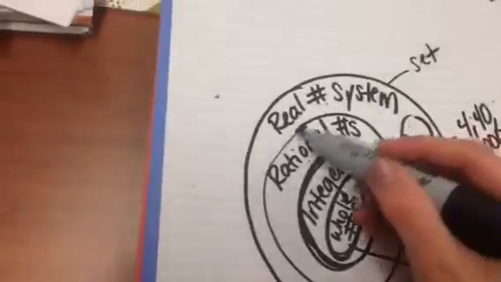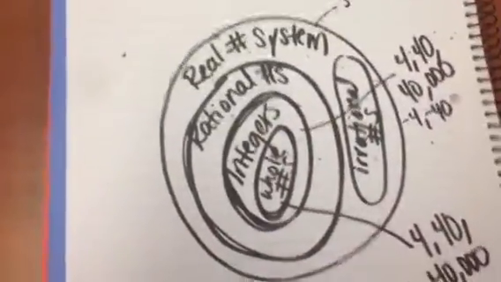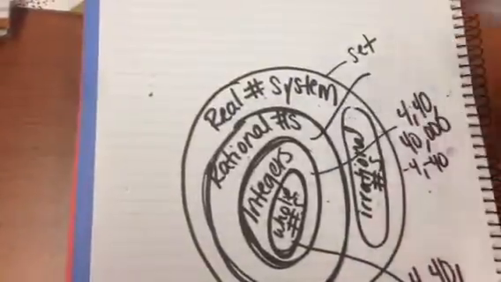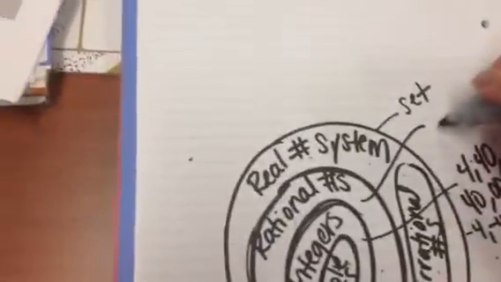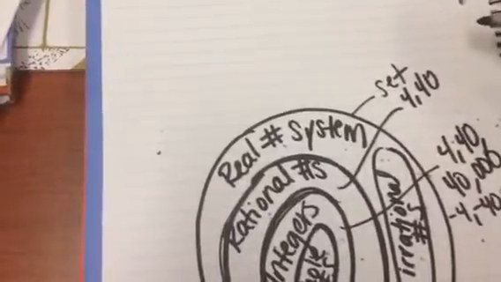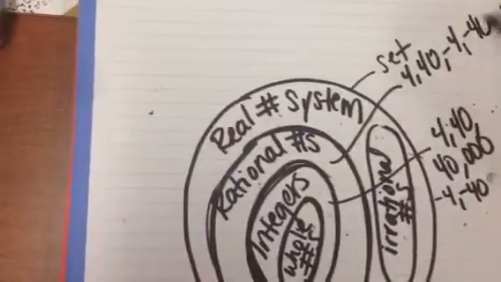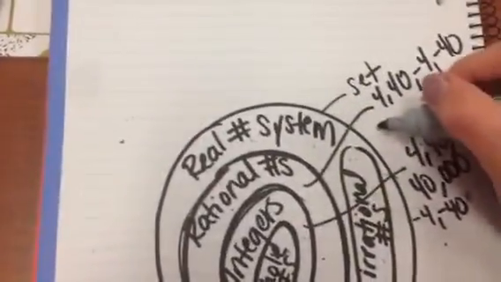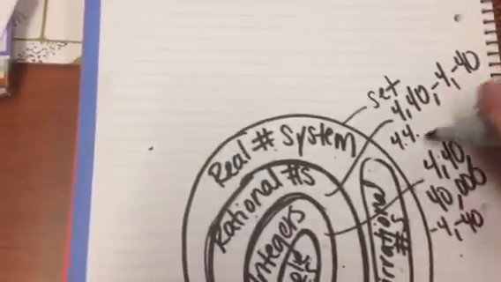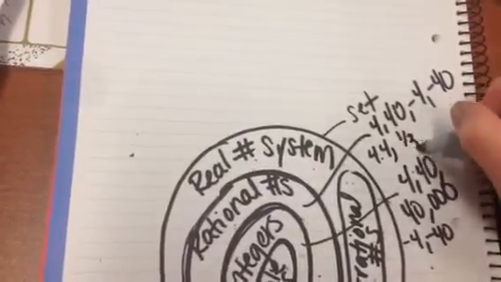Moving up to the next category, we have rational numbers. Rational numbers are going to be your everything else. So we have, not only is 4 and 40 still a rational number, and -4 and -40, but we now also have decimals. So 4.4. We also have fractions, so 1/3.